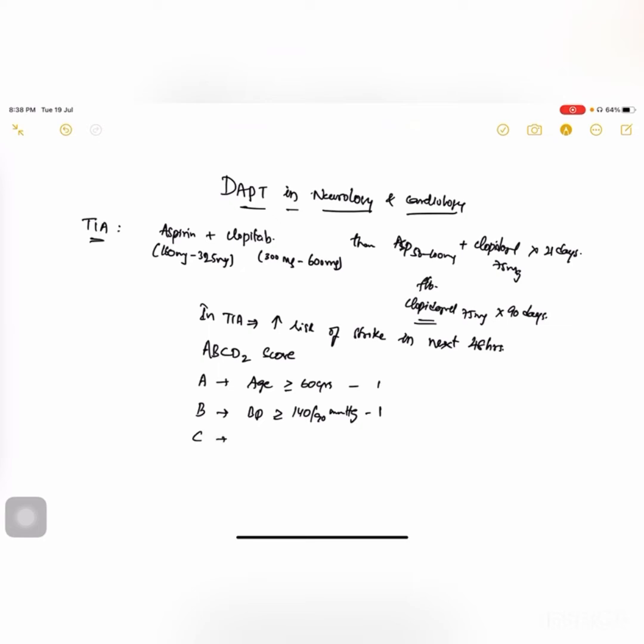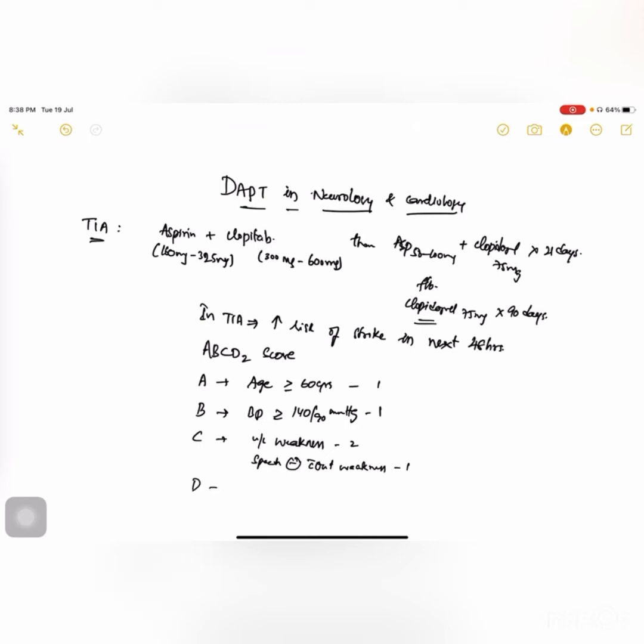C is clinical symptoms like unilateral weakness. If present, we give score of 2. If there is speech impairment without weakness, we give score of 1.